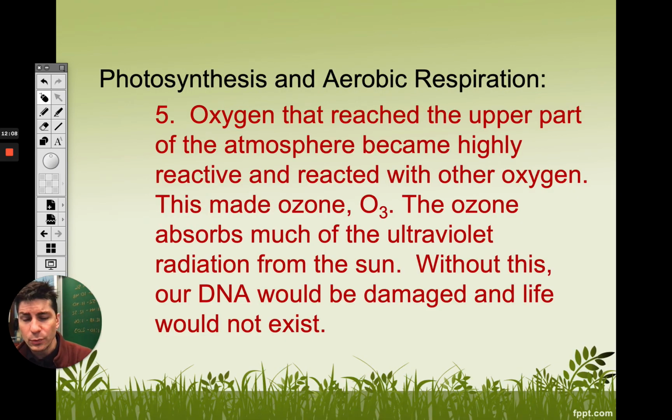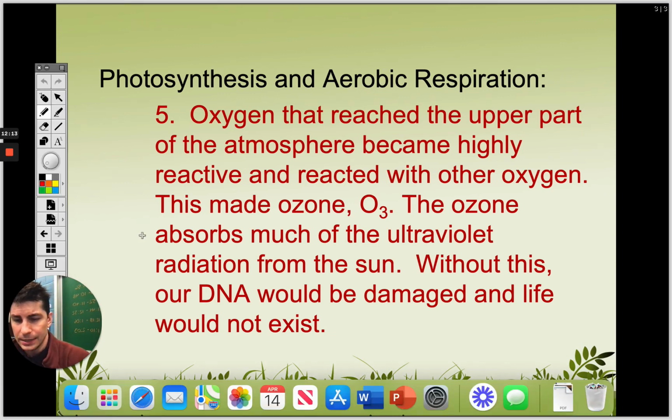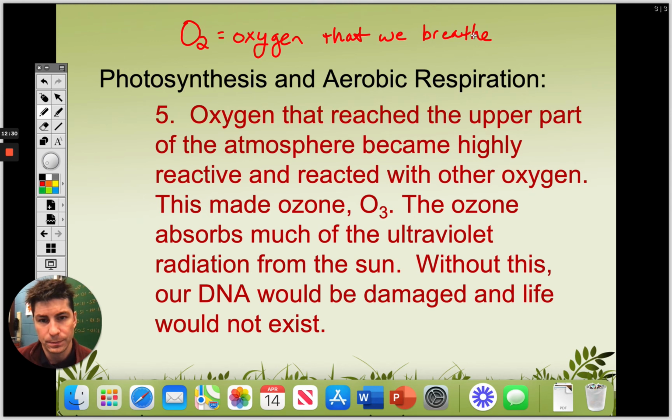Now, oxygen as we know it, guys, the stuff we breathe in, has the chemical symbol O2. So it's 2 oxygen molecules bonded together. That is the oxygen that we breathe. That's O2.